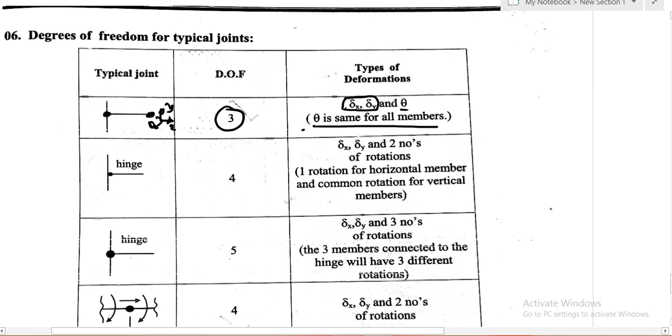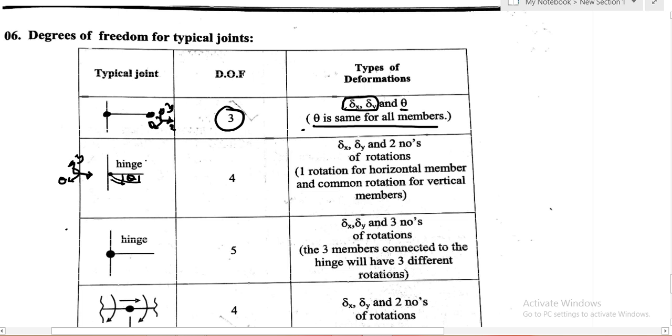Now talk about an internal hinge. It is not actually present at the joint of the member, but at some distance away from the rigid joint. At the rigid joint, it can move in the x direction, in the y direction, and there is rotation theta. But here another independent rotation will be there, which is different from theta: theta 1.